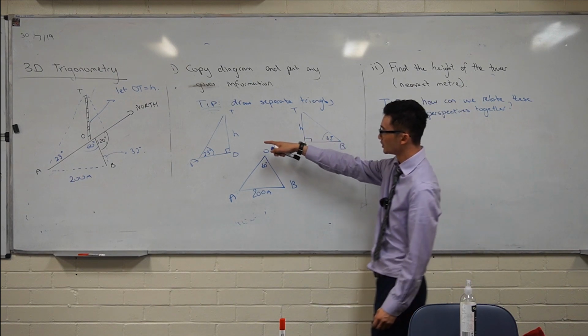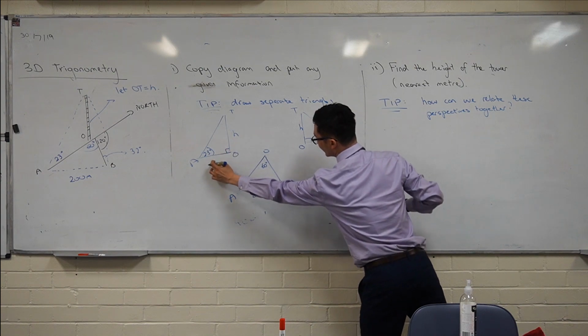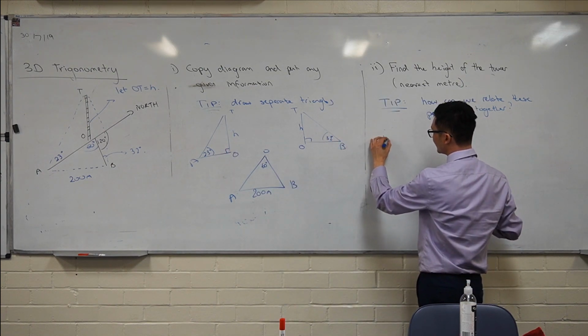Let's express H in terms of these. In this triangle, we've got opposite over adjacent, so that's my tan ratio from SOHCAHTOA.